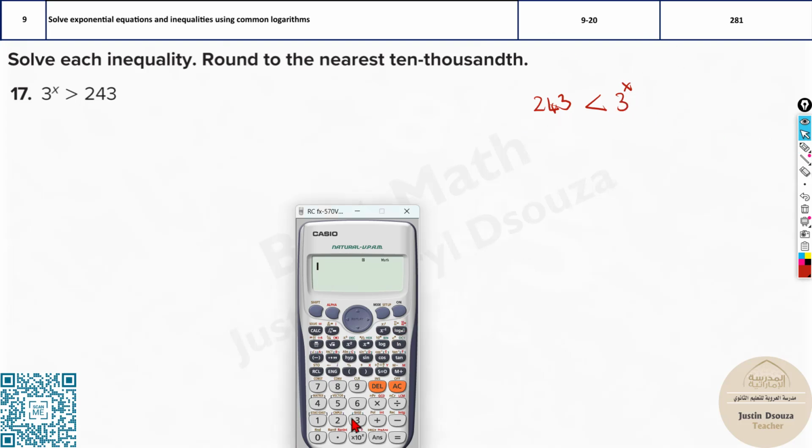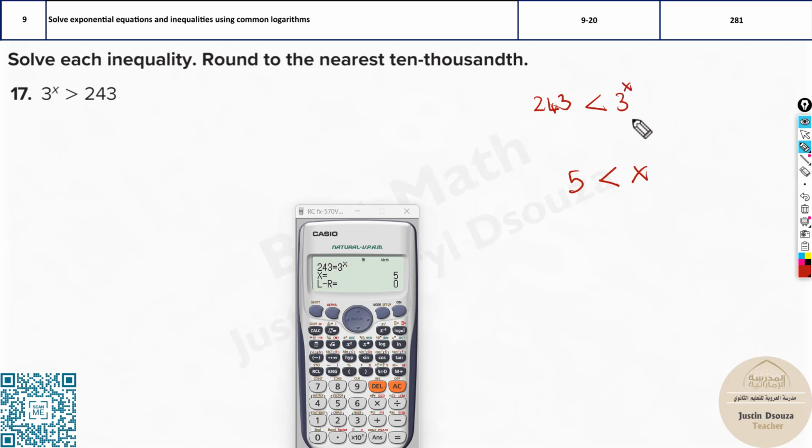You would type in the calculator 243 equals 3 to the power x. Now if you press shift and solve, you will get 5. But remember, x is over here. So where do you write the 5? x is here, greater than 5. This is how we would solve it.